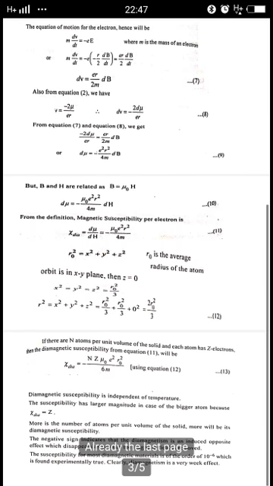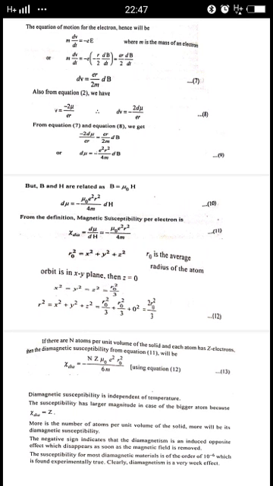For a spherically symmetric atom, we assume that x, y, z are the average values of radii for all electrons along their respective axes. Then we can write r naught square is equal to x square plus y square plus z square, where r naught is the average radius of the atom. Here x, y, z are the average values of radii along their respective axes.